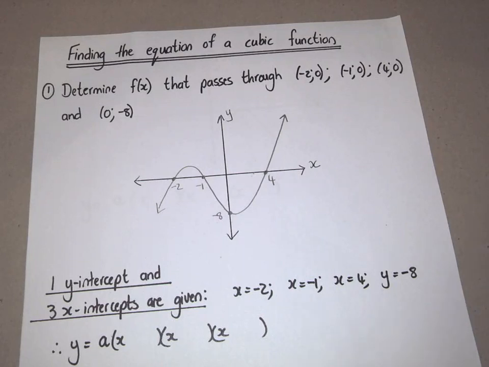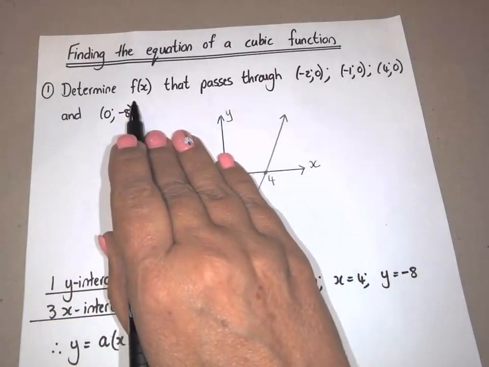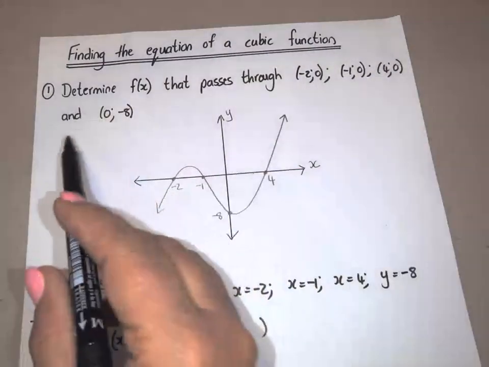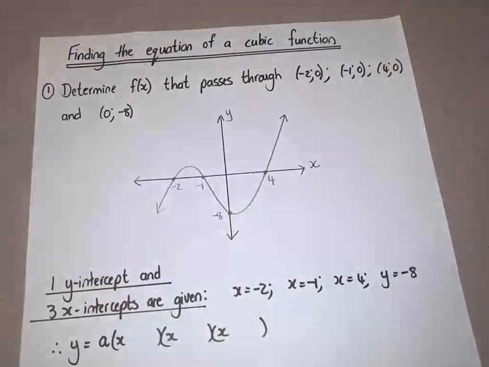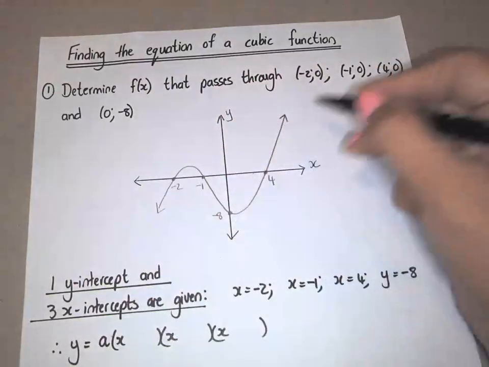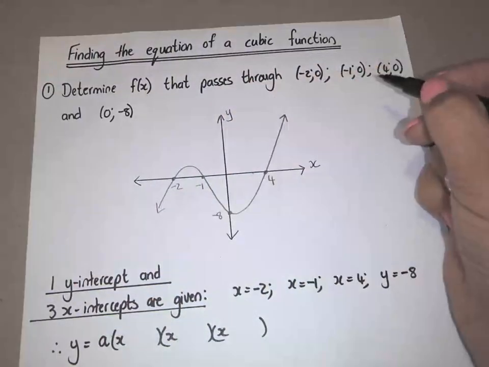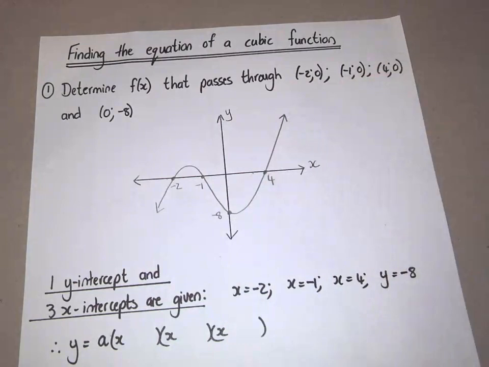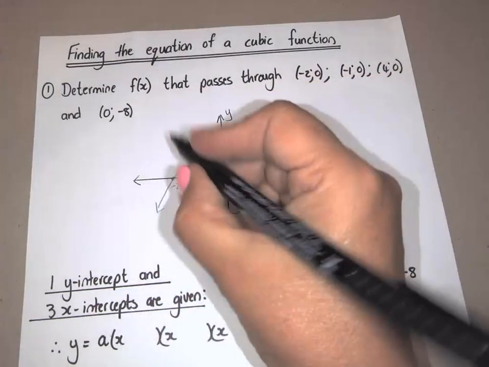I ask you to determine f(x), and f(x) passes through 3 x-intercepts and a y-intercept. So you draw your graph. We assume that it's a positive cubic function.